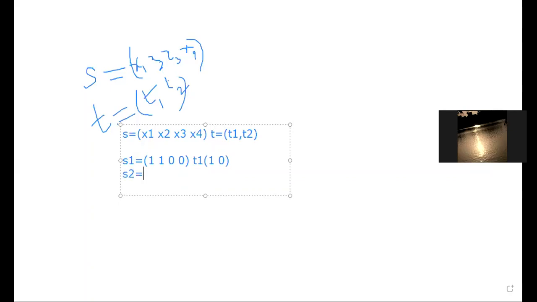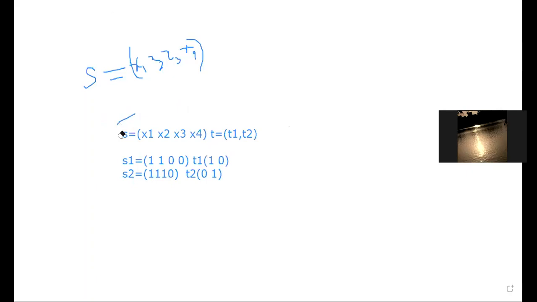Like that, S2 is equal to 1, 1, 1, 0. And T2 associated with 0 and 1. Okay, next S3.